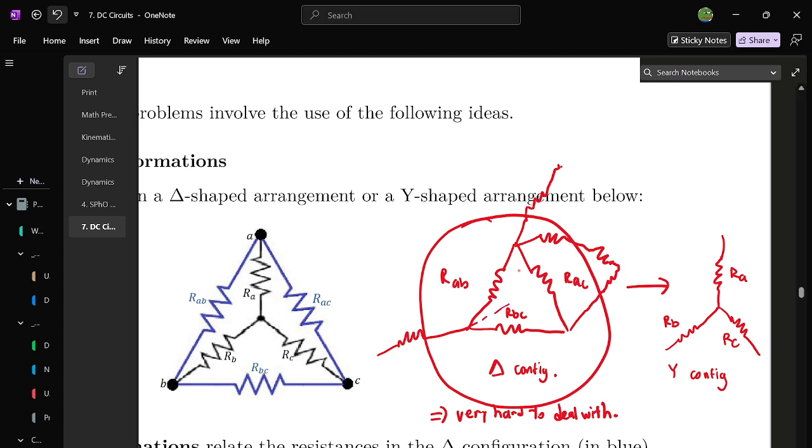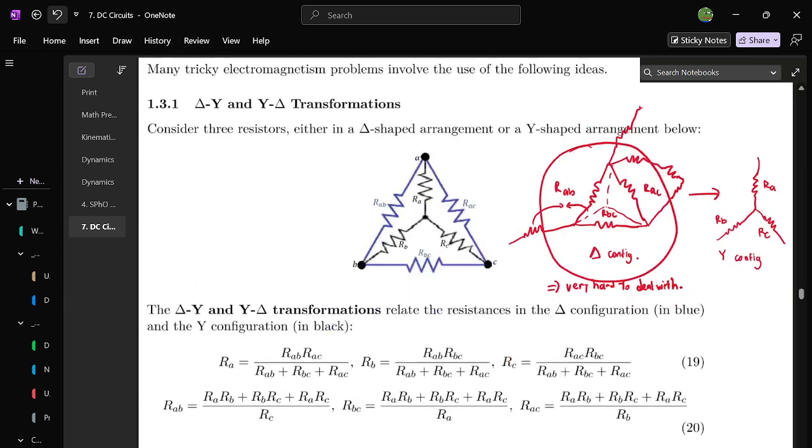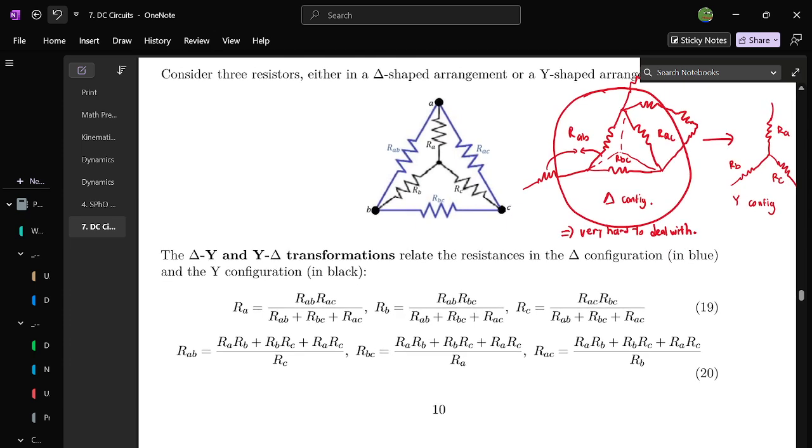But once you transform them into star networks, Y networks, it can be easier to deal with because, for instance, you can add this with this to create a new resistance, that type of thing. So it's usually very situation dependent on whether you want to use this transformation. But anyway, the transformation is given as such.